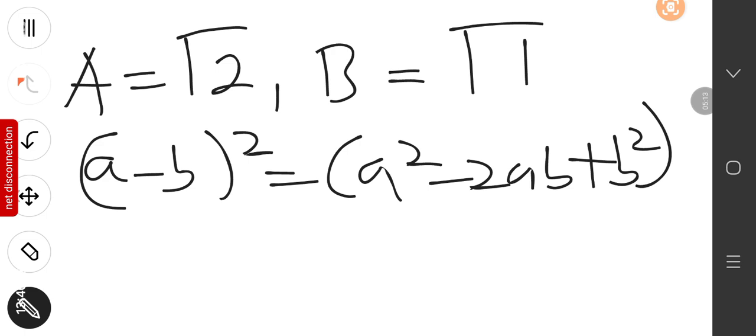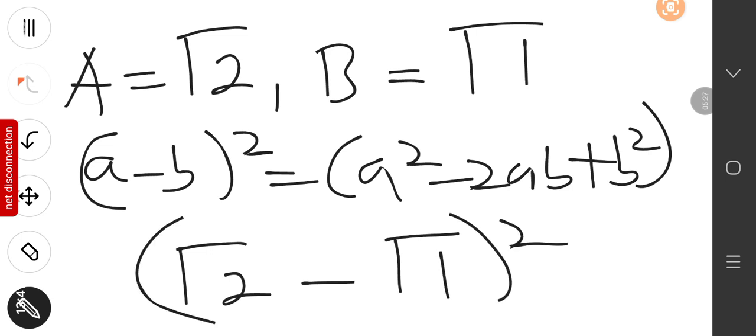Therefore, we can do the substitution. Our question is going to be root 2 minus root 1 all squared.